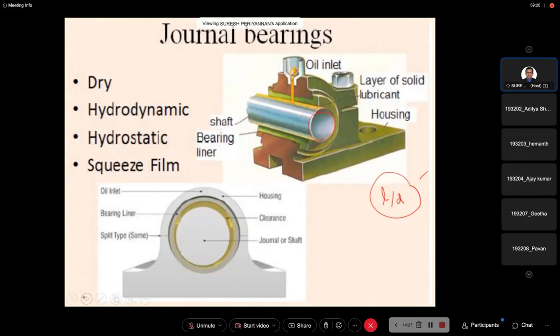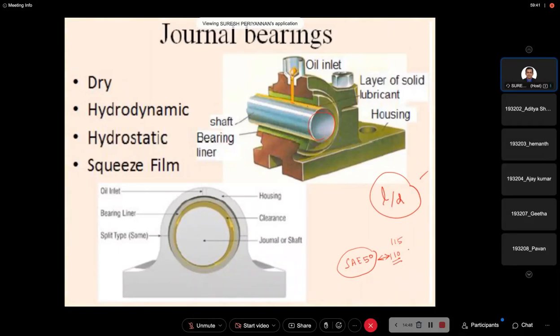For example, if the Saybolt viscometer reading is some 115 or 110, then the viscosity range belongs to SAE 50, approximately divided by 2.